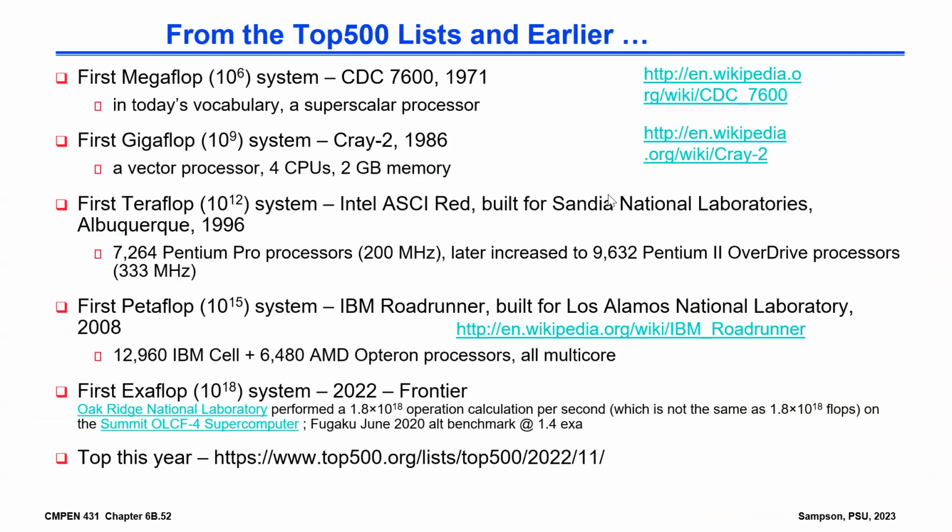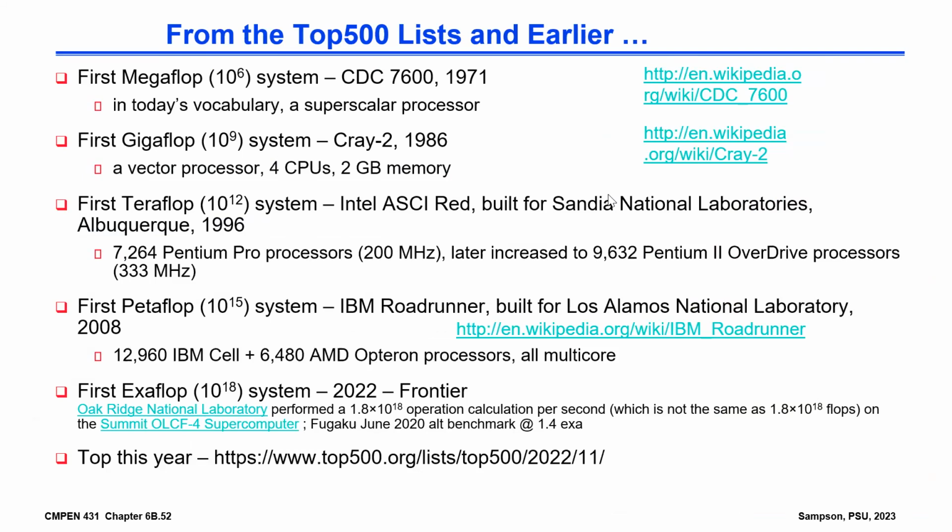But just as of last year we finally hit exaflops, right? We have built single systems that can actually hit 10 to the 18th floating point operations per second on LinPack, right? You can look at a few things that got there slightly earlier.